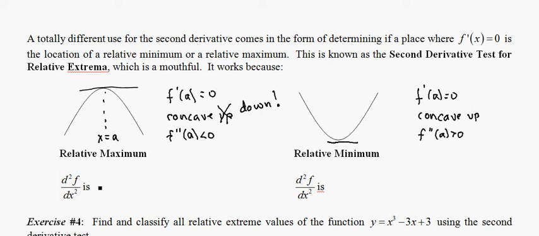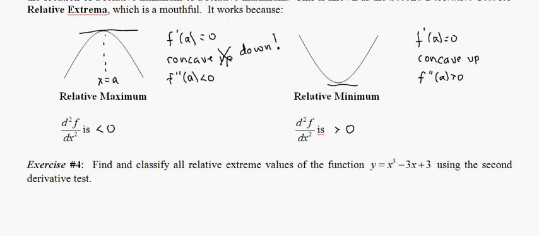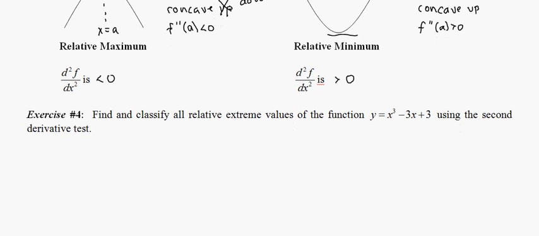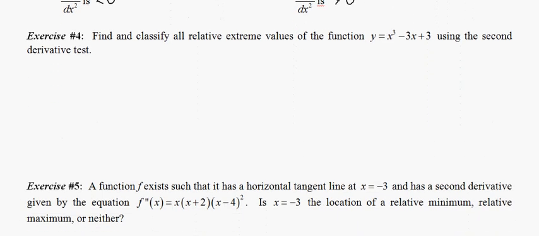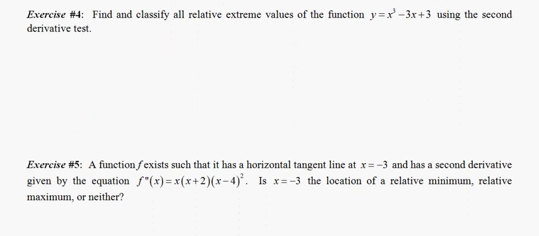So we've got this amazing deal where we can figure out whether a place where we have a horizontal tangent line, a place where the first derivative is equal to 0, is a local max or a local min, not with a sign analysis, but with a single value of a second derivative. So let's take a look at exercise 4. It says find and classify all relative extreme values of this cubic function using the second derivative test.